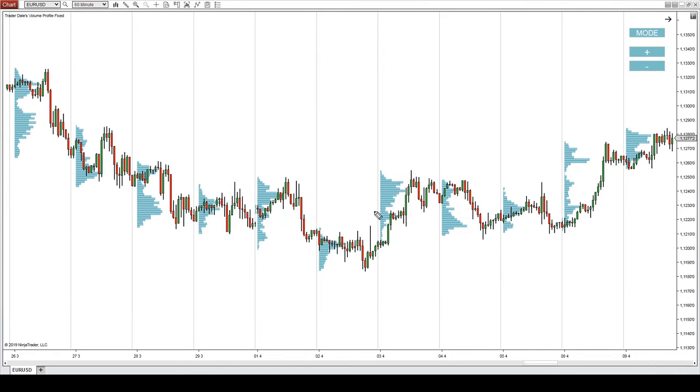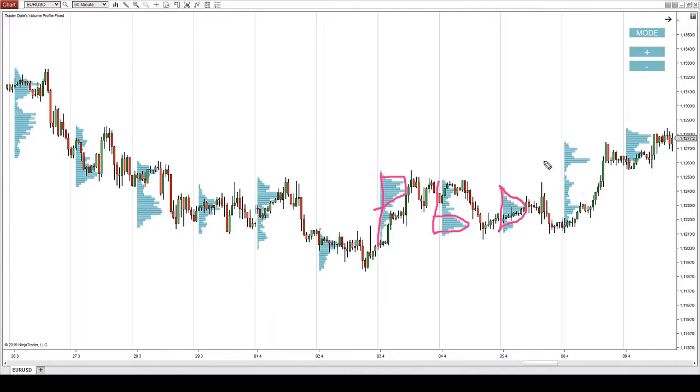So what happens next is a balanced D-shaped profile, balanced market. After that, the price goes out of the balance into a P-shaped profile and then into a B-shaped profile. Afterwards, it goes into a balance.